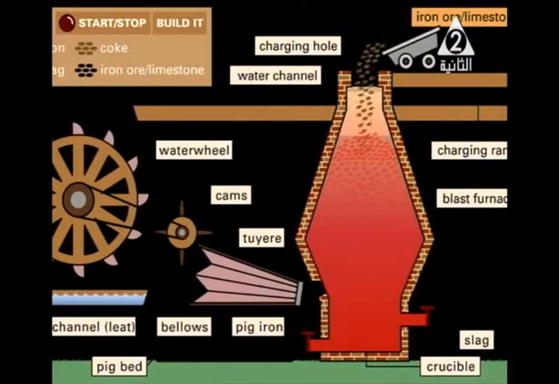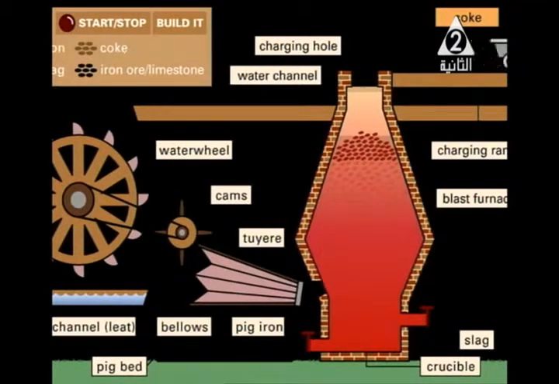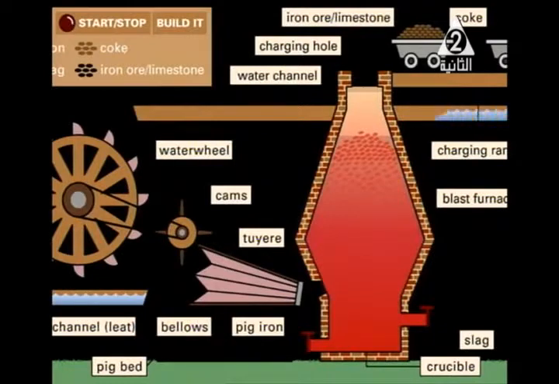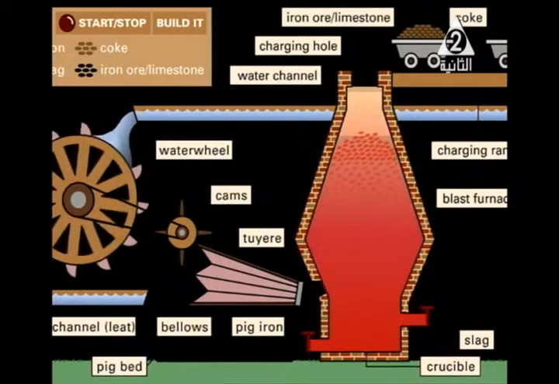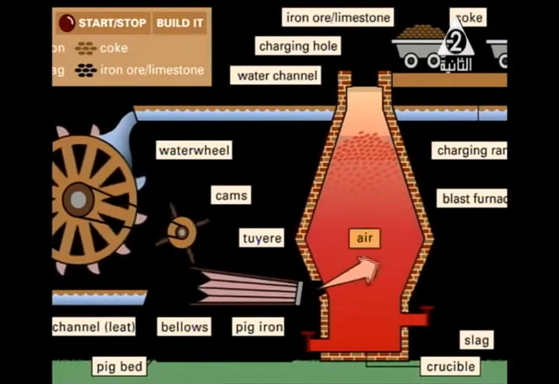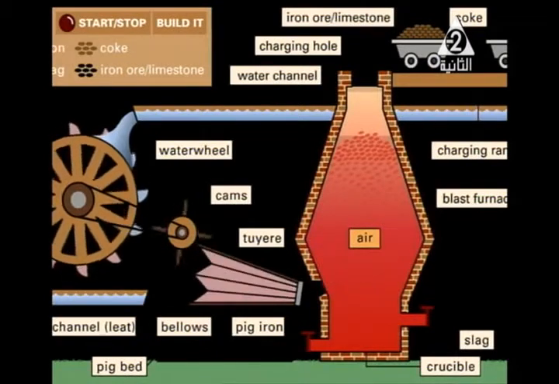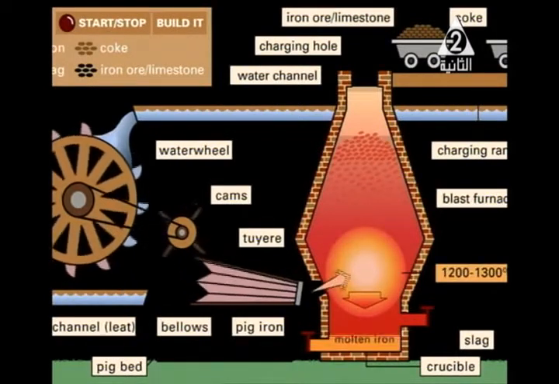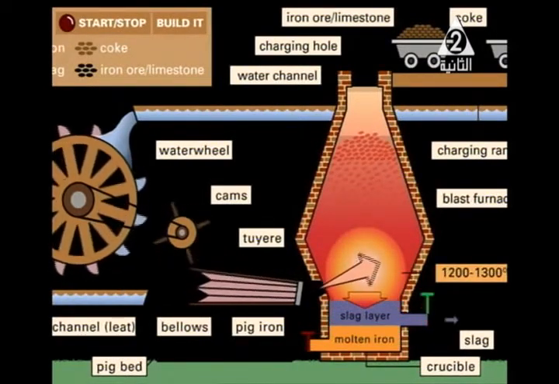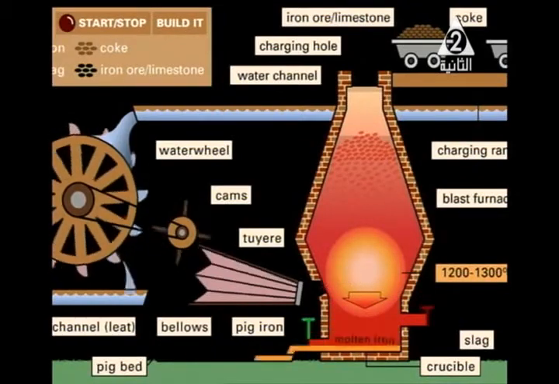My dear students, here the iron ore and coke are put into the furnace from the opening at the top, and we heat the blast furnace in order to carry out the reduction of iron ore, as shown on the screen.